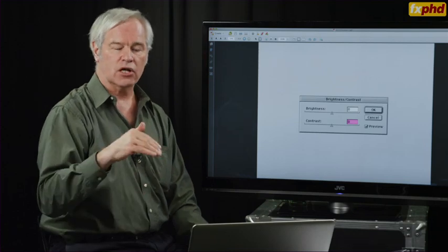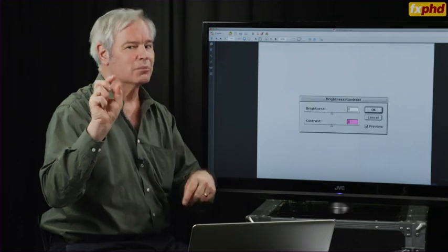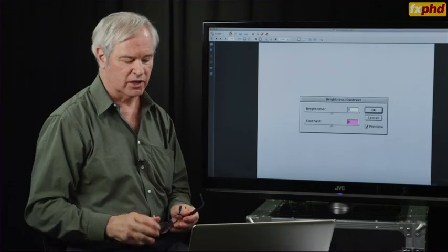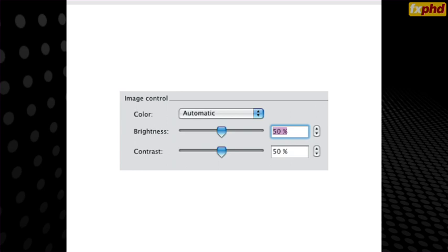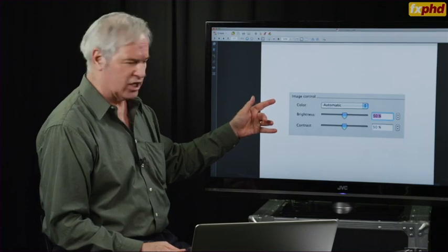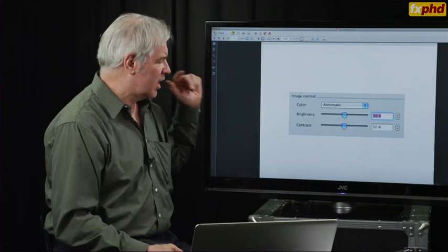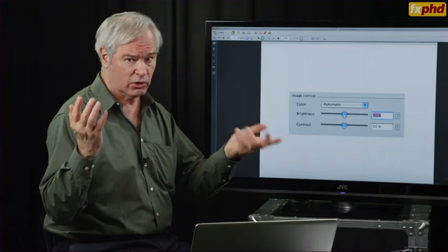Well, that's, in common language, adjusting the image brightness, but that's done with the contrast control. So those things are extremely confusing, and what's worse is that other applications, such as this Mac application, which honestly I don't even remember what application it is, it's got brightness and contrast controls, but who knows what they do.